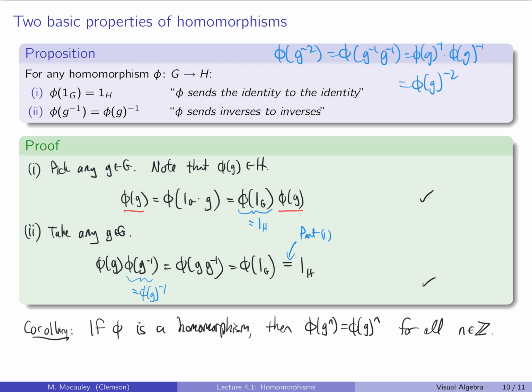So inductively, we get that phi of g to the minus k equals phi of g to the minus k. So in other words, this property of pulling out exponents doesn't just hold for positive integers like we saw a few slides ago, or actually on the last slide, but it holds for all integers.